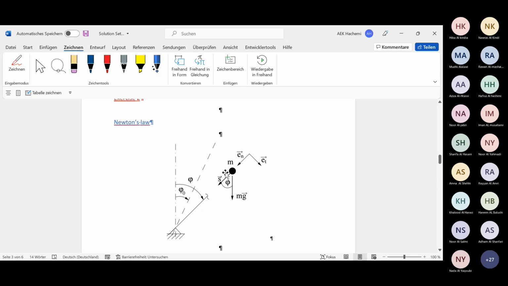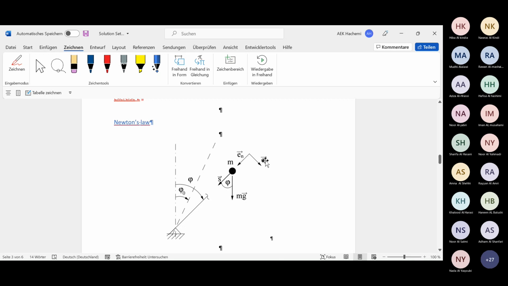We took it here on the mass, and we have the axis an, along the direction of the rod, and the tangential one, where the velocity is described, in the same direction. Here ET is perpendicular to EN. These are the unit or basis vectors, and we have seen this.